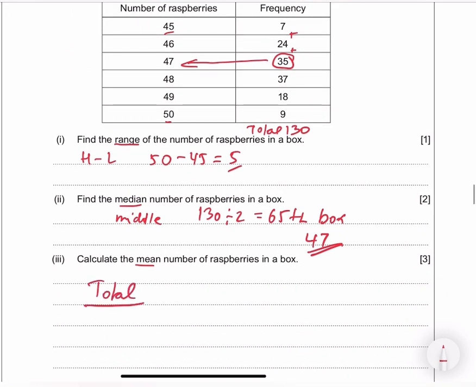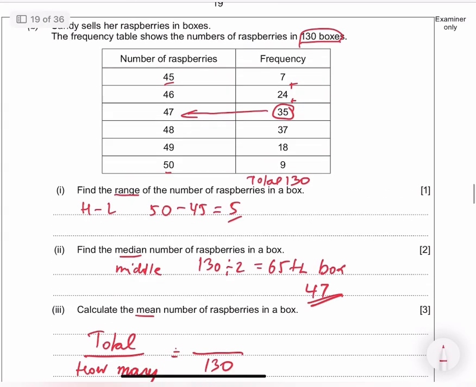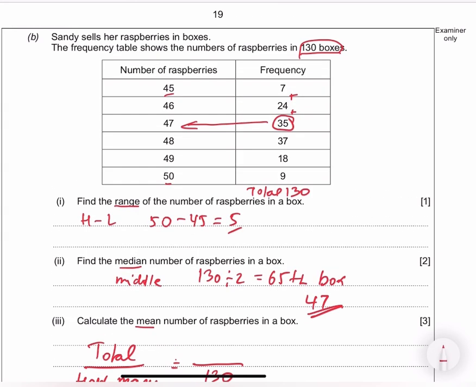So calculate the mean of raspberries in a box. So in the mean, we add up and divide by how many, so we need to find the total of raspberries first. We know how many boxes we have, 130. That goes to the bottom, the denominator. But for the total of raspberries, we're going to do 2 steps in here. So multiply each number across like I do on the screen.